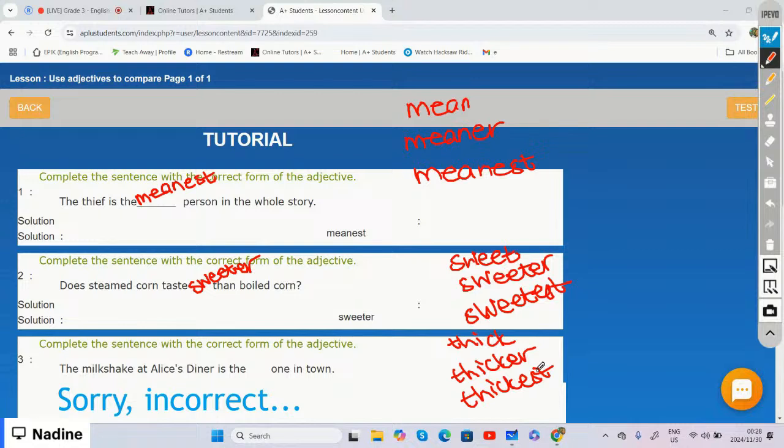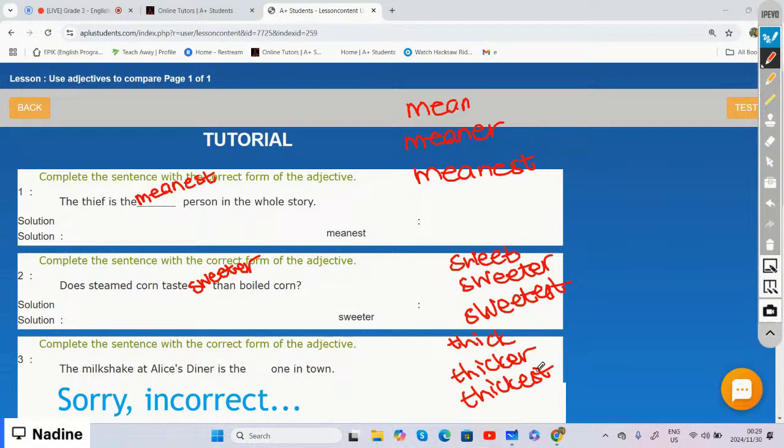And if we were to check the correct one, remember we are comparing it to the ones in town, like to others in town. Do we say it is the thick one in town, the thicker one in town, or the thickest one in town?